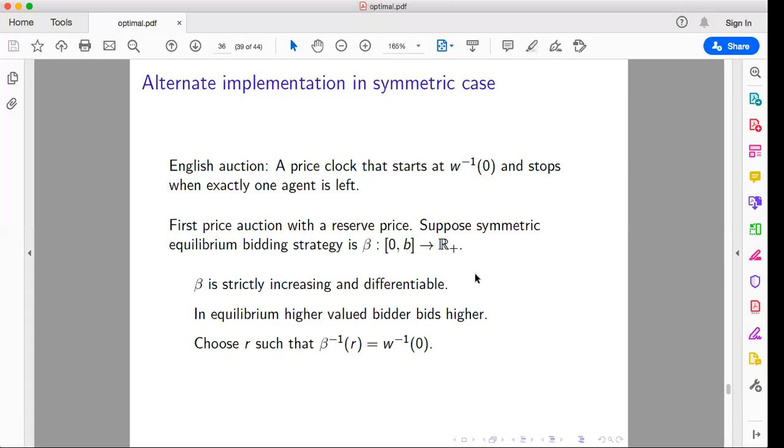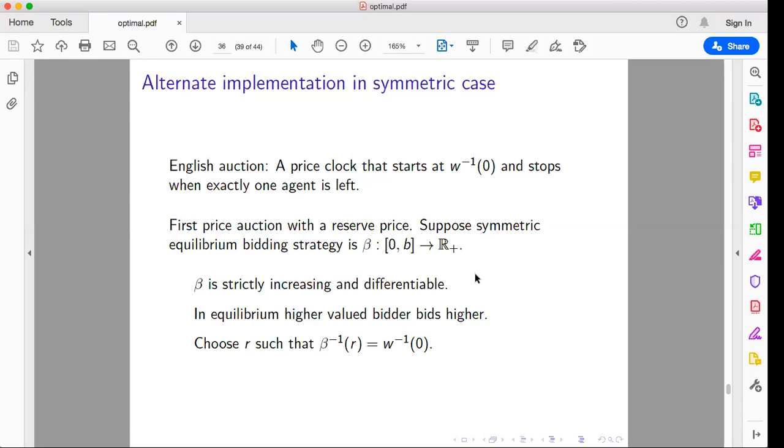Think of a continuous price clock at a low price, and that price clock continuously increases. Okay, and at any point, every bidder can stay in the auction, which means that the price on the clock is acceptable to the bidder. Whenever the price is too high, a bidder can drop out, and once he drops out, he cannot enter again, basically.